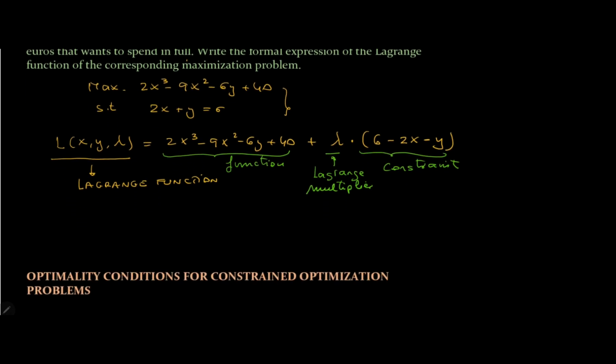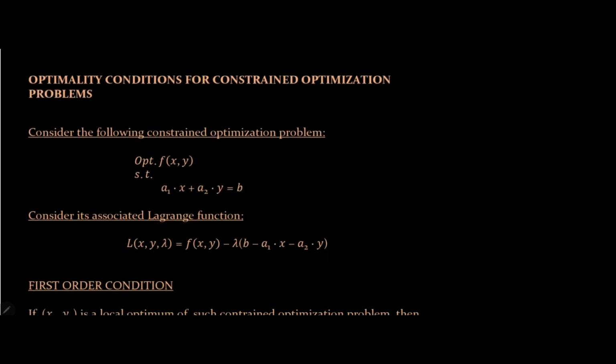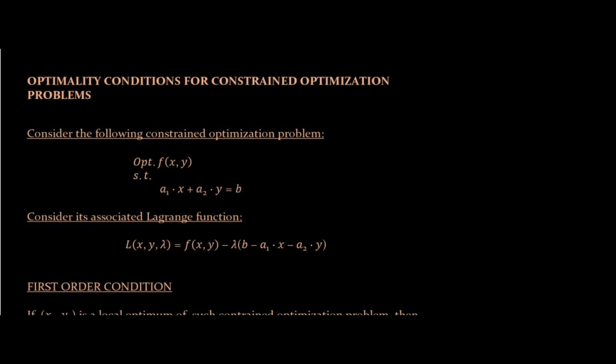So we continue, and now we're going to state the optimality conditions for a constraint optimization problem. We're going to focus on an optimization problem where we have our objective function, and then we have one single equality constraint.